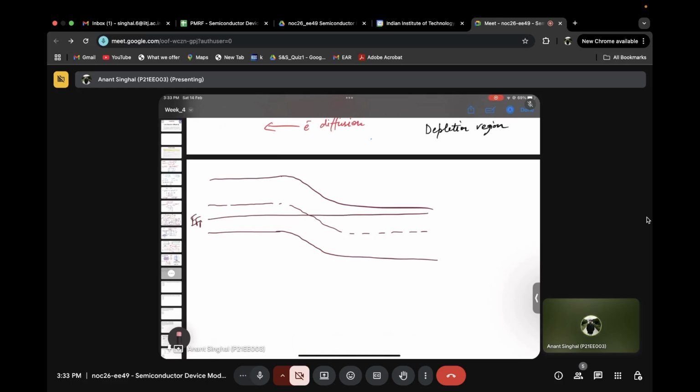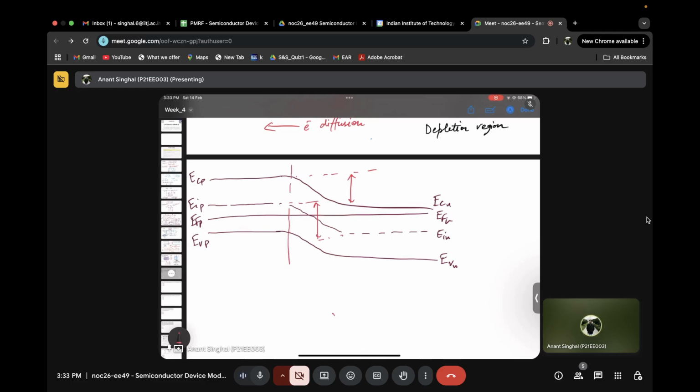This is EFP side, this is EFN, this is ECN, this is EVN, this is ECP, EVP, and this is EIP and EIN. So what we need to ensure first of all, whatever the change in the EC profile is exactly the change in the EI profile also. So this and this are both the same.